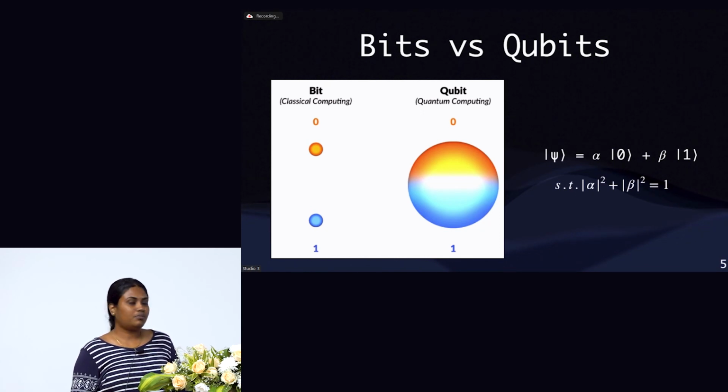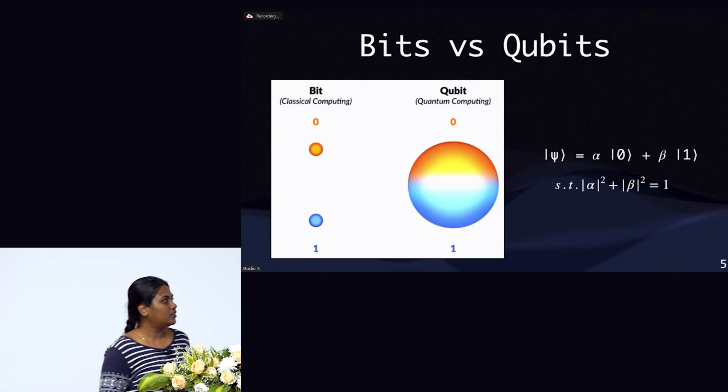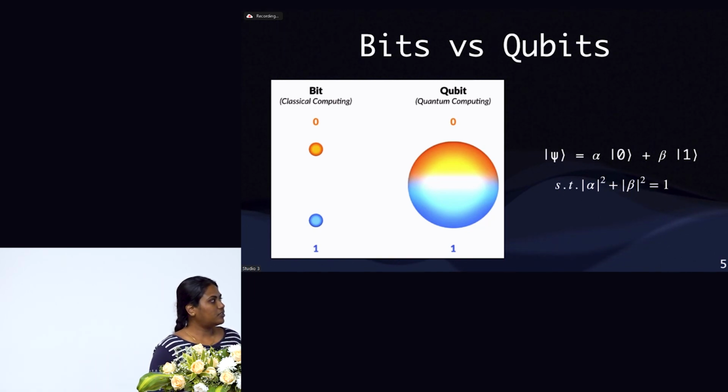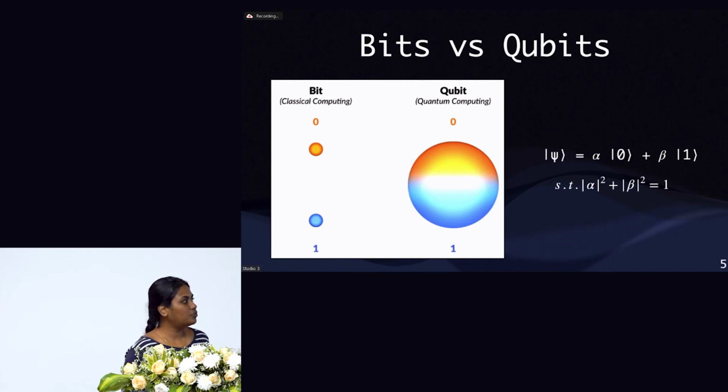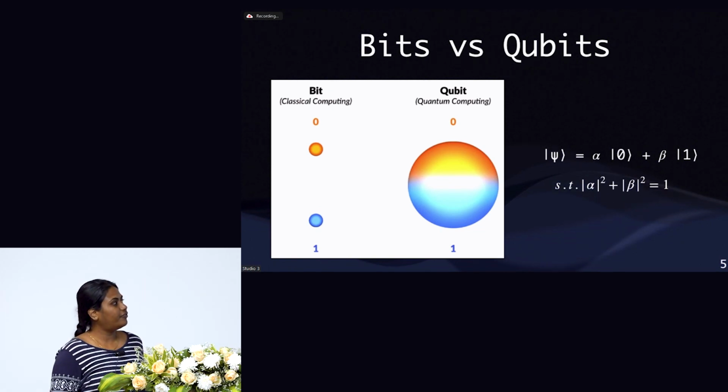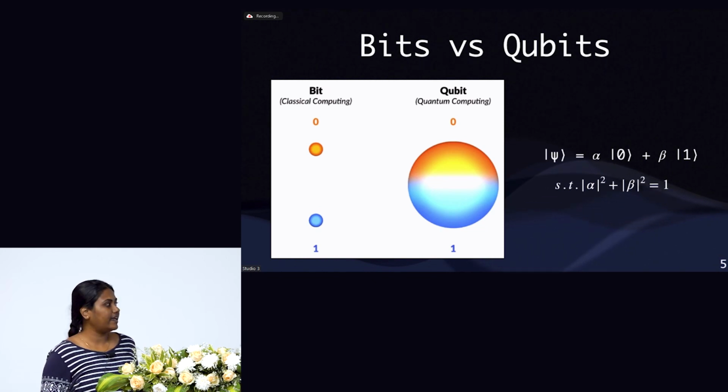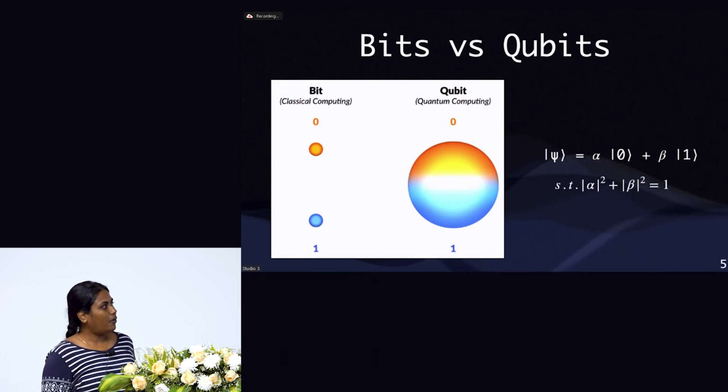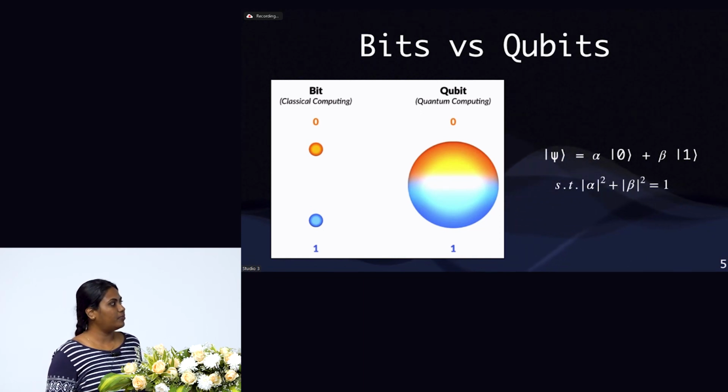By normalization of probability, these factors should add up to 1. Qubits are generally in a superposition of the possible states they can represent. So 1 qubit can be either 0 or 1, and if you have more qubits, it will be like 00, 01 and so on.